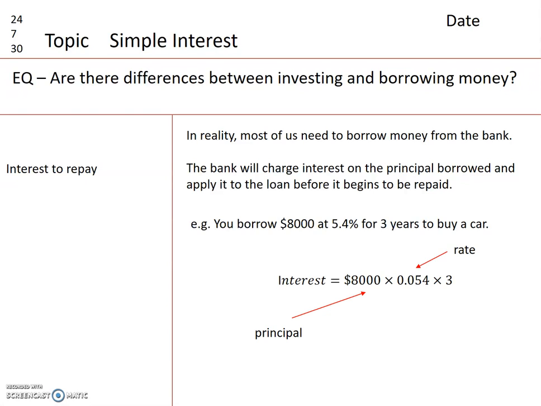So we've got our principal, our rate, and our time in years. What would the interest be? $1,296. So the total to repay is the $8,000 plus the $1,296, which would be $9,296 total that you would be paying back to the bank.